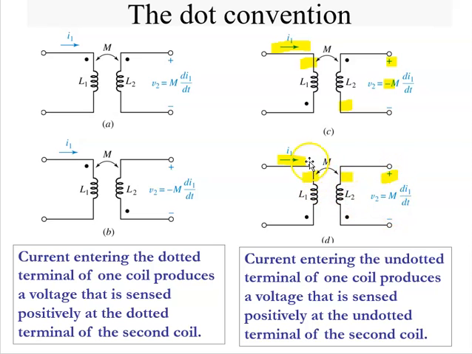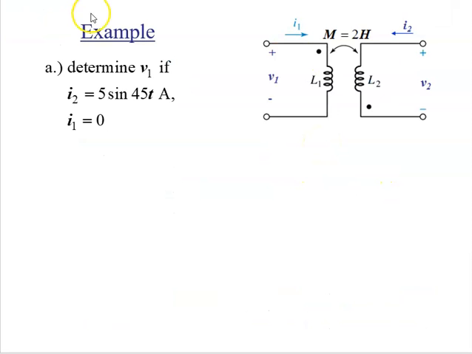So the positive reference for the mutually induced voltage will be at the dot if the current inducing the voltage, I1, is flowing into the dot. It will be at the non-dotted terminal if the current inducing the voltage is flowing into the non-dotted terminal.